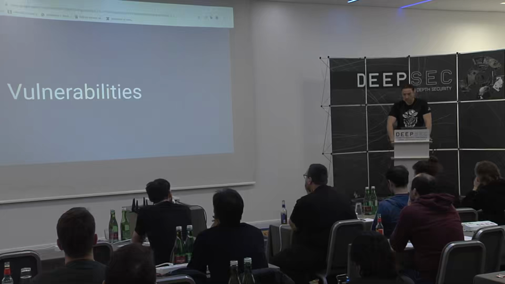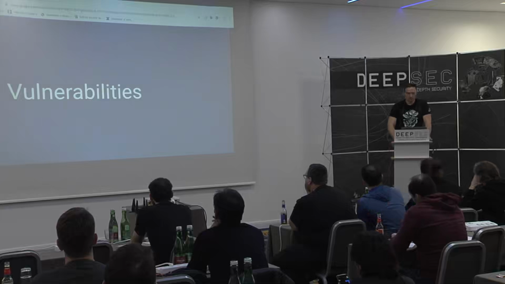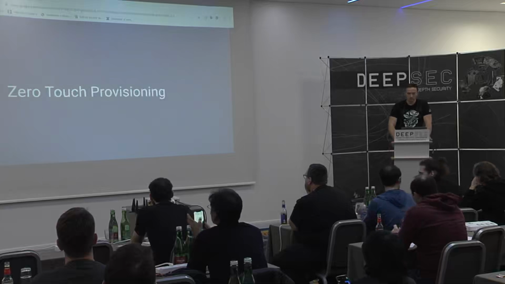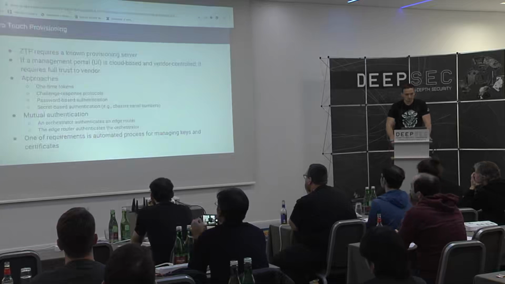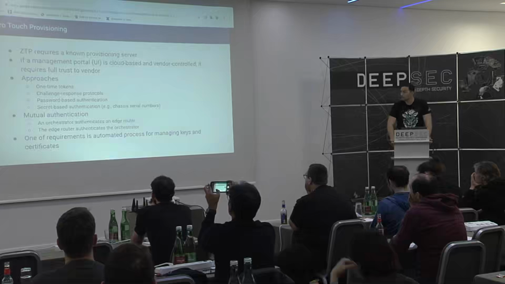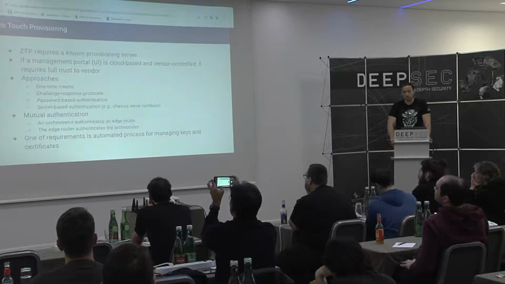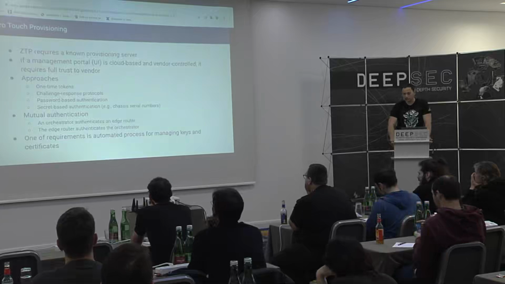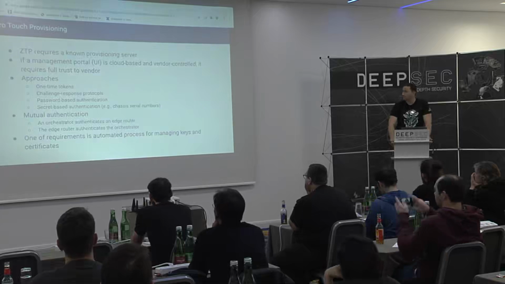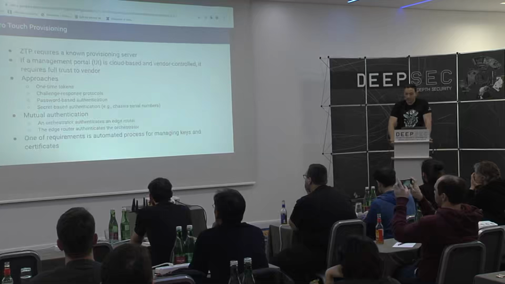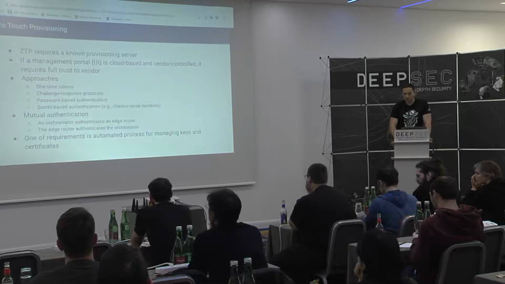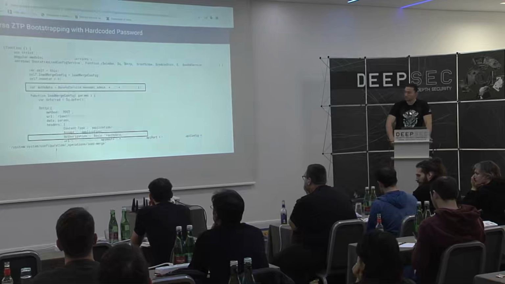And now let's consider examples of vulnerabilities found related to different secure communication features in very popular and well-known products. We begin with zero-touch provisioning technology. The basic idea of zero-touch provisioning is to be able to connect a new device to a network without any manual configuration. Let's see how different vendors approach this technology.